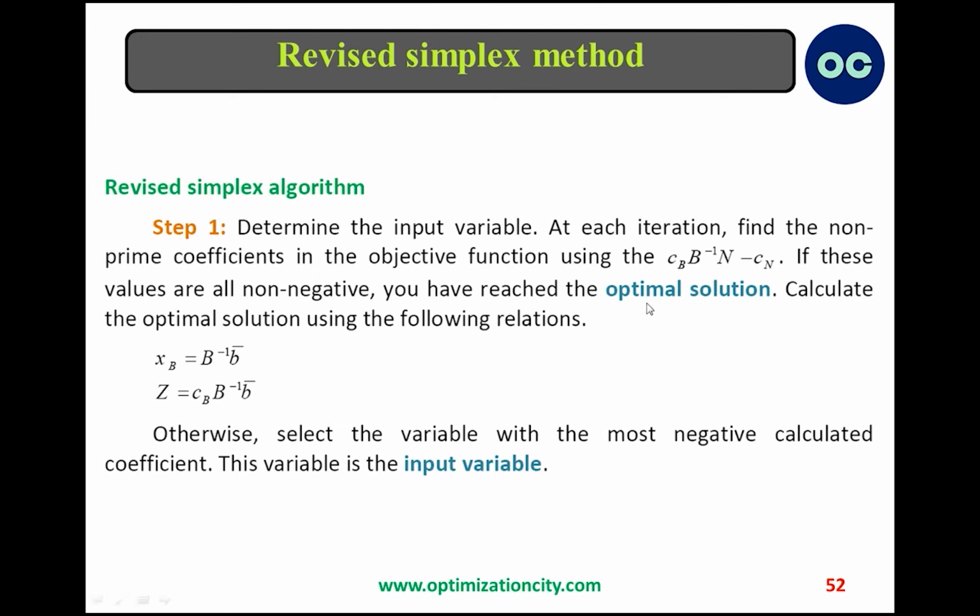To obtain the optimal solution, xB is the optimal solution for the basic variables, the others are 0, and z is the optimal value of the objective function. If any calculated coefficient is negative, choose the variable with the most negative coefficient as the input variable.